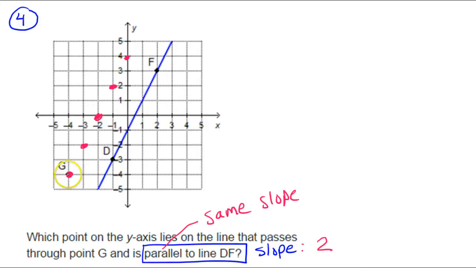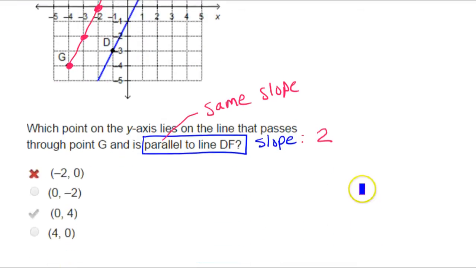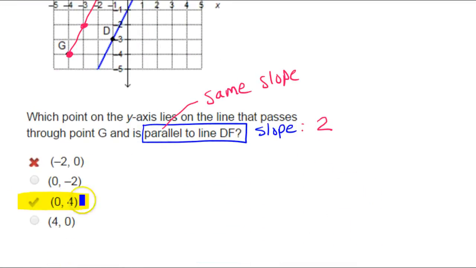So this is the line that passes through point G that is parallel to line DF. Alright, that is the crookedest line you've ever seen. But as you can see, right here is where it crosses the y-axis. So that's the point 0, 4. That's why this is the answer right here.